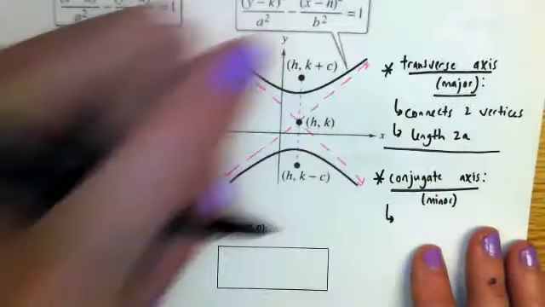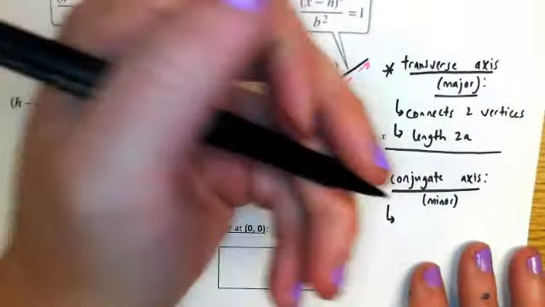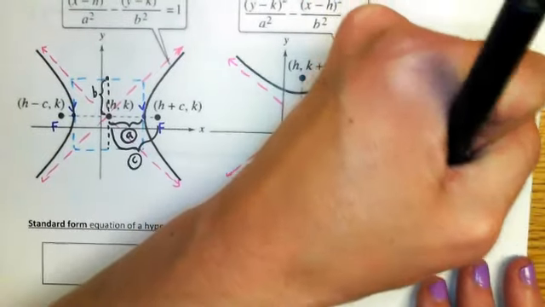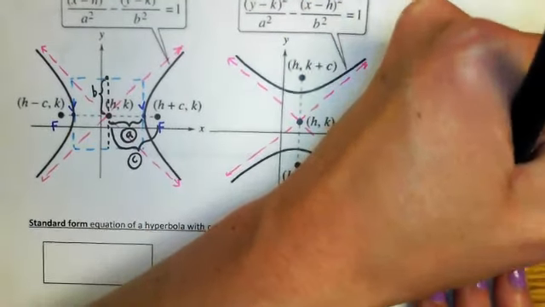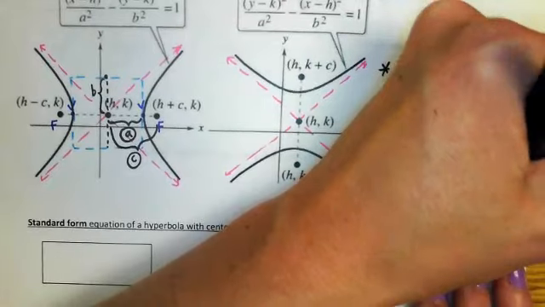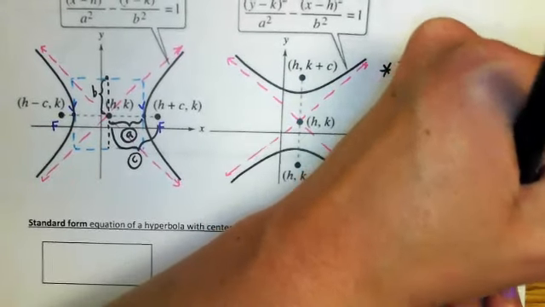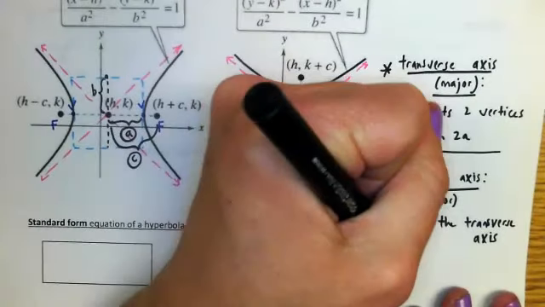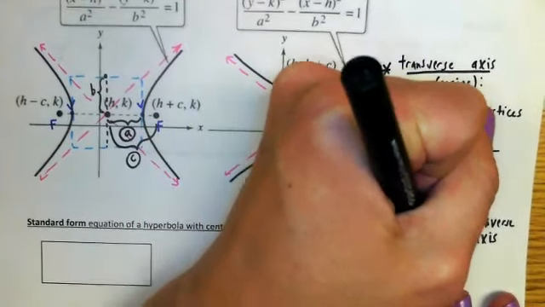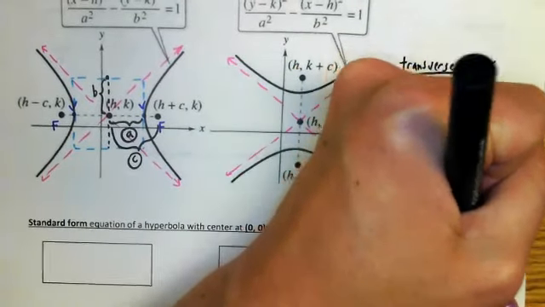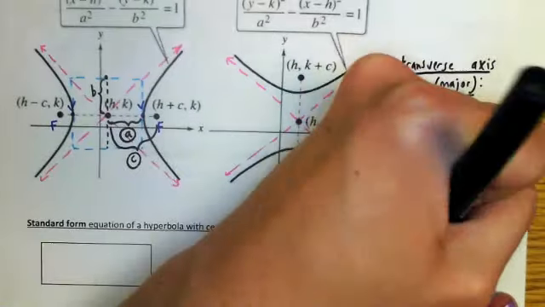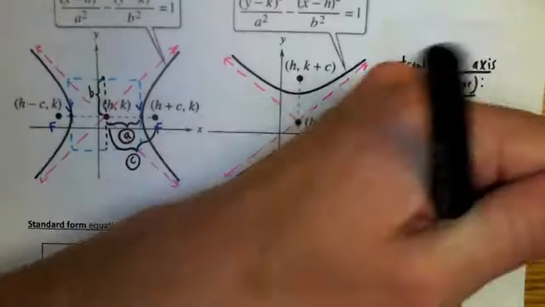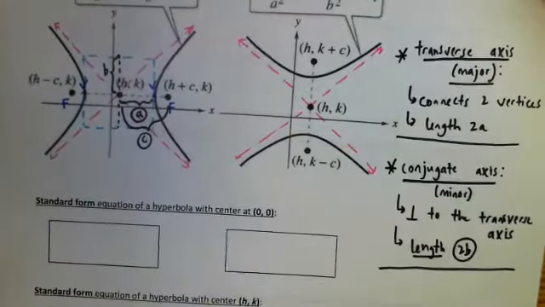I'm going to say that it is perpendicular to the transverse axis. And its length, as you could guess, would be 2b. And here is an appropriate time for a Shakespeare joke: to be or not to be. Guys, that is the question in this packet as well as in Shakespeare.